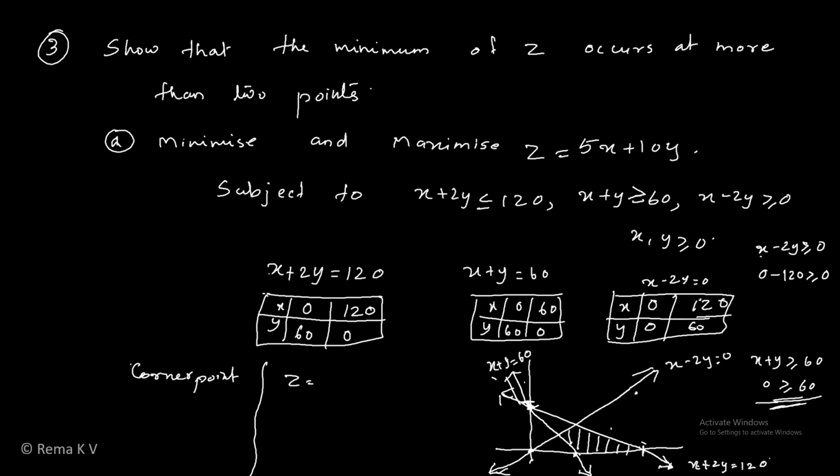Which are the corner points here? This is 60, 0. See now the second line, y coordinate is 0 at 60, 0. So this point is 60, 0. To find out this one, it is 120, 0.